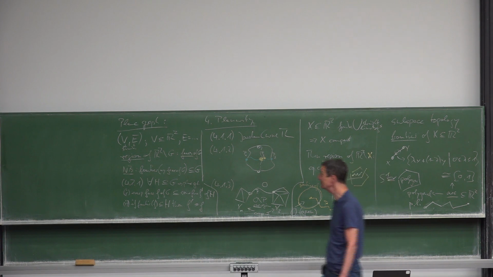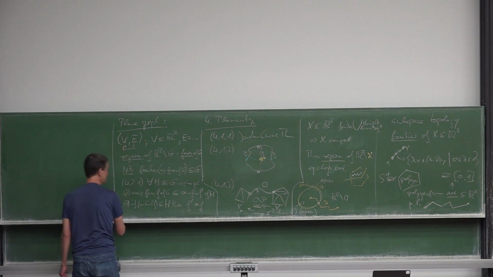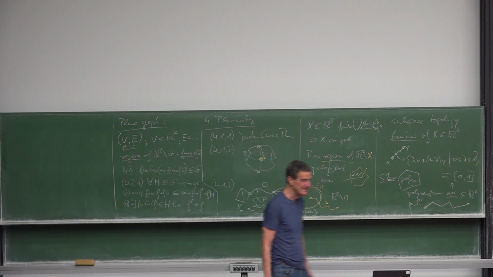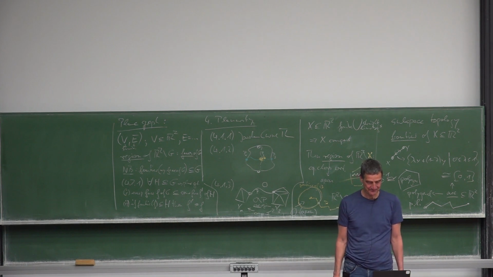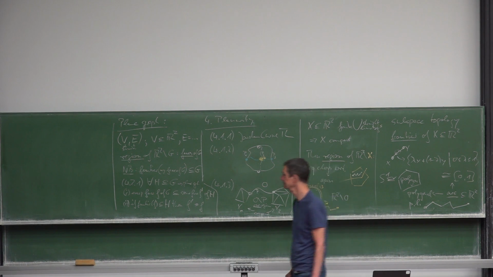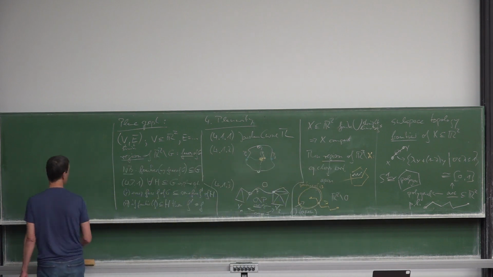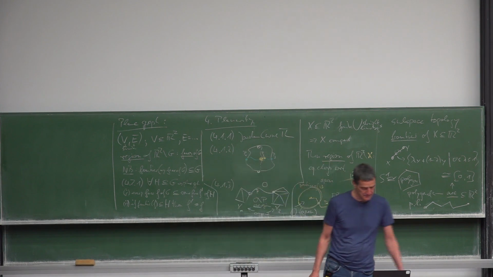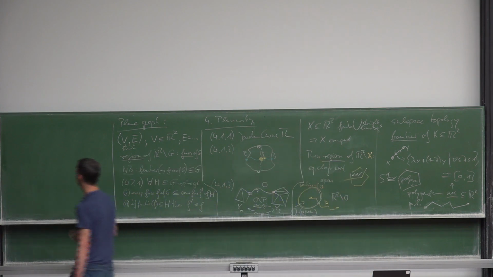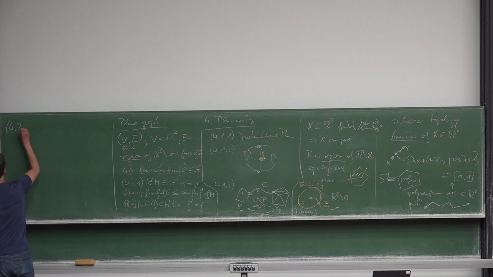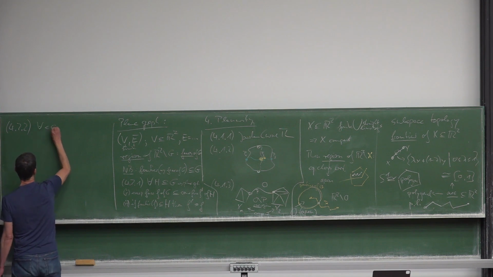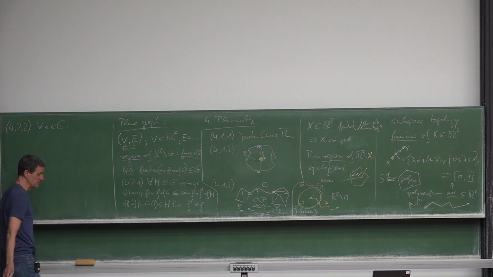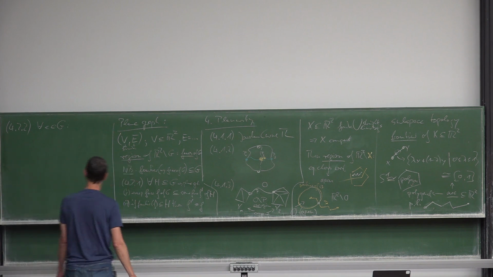Right. Now let's prove that the boundary, I'm not allowed to say that yet, the frontier of a face isn't half an edge. So that's lemma 4.2.2. For every edge in G, a few things happen.